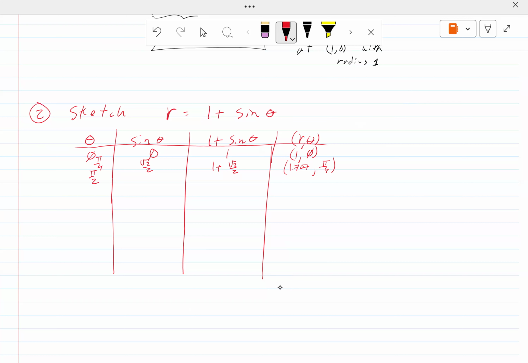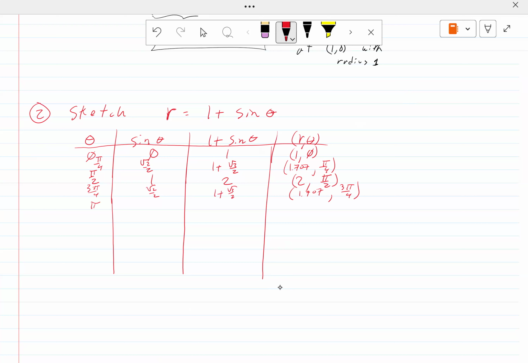The sine of pi over 2 is 1. 1 plus 1 is 2, so this is 2 and then pi over 2. Okay, 3 pi over 4. The sine of 3 pi over 4 is still radical 2 over 2. That's 1 plus radical 2 over 2, which is 1.707, and then 3 pi over 4.